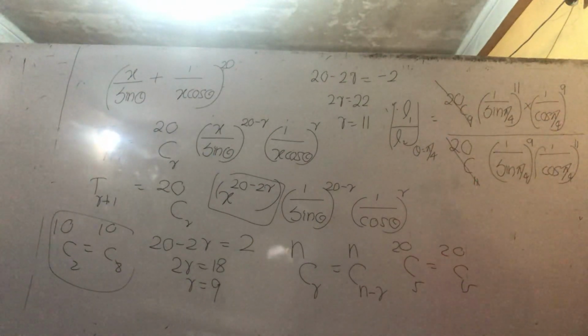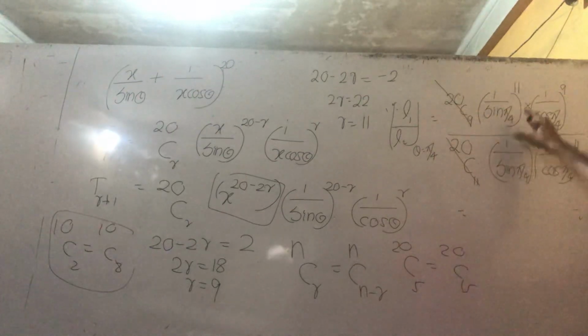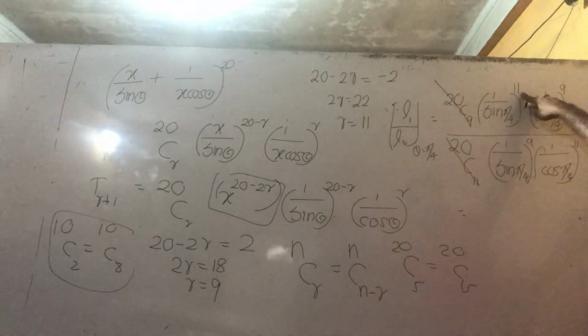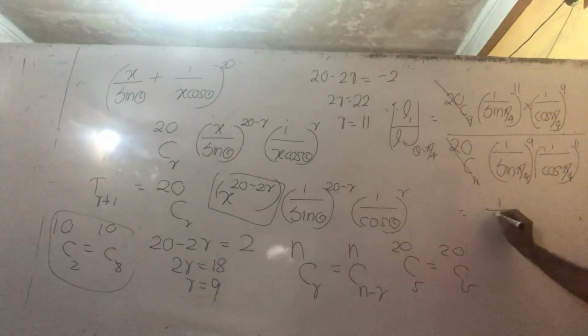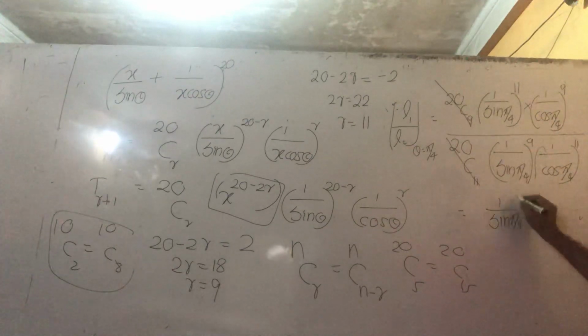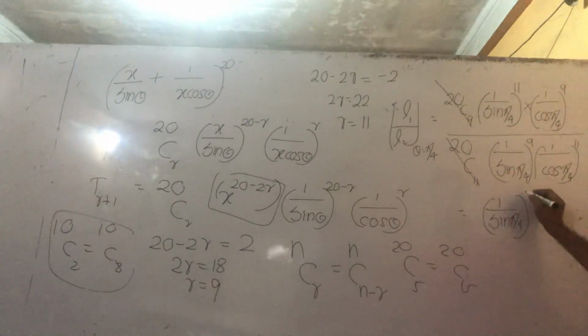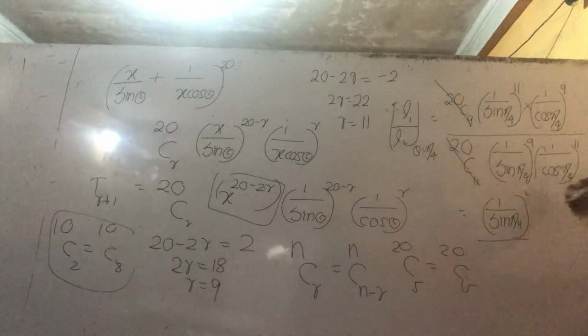So according to that, 20C9 and 20C11 are equal, so they cancel, right? And here see, sine 11 times up, here 9 times. Therefore 1 over sine pi by 4 squared up over here. Cos 9 times, here 11 times.